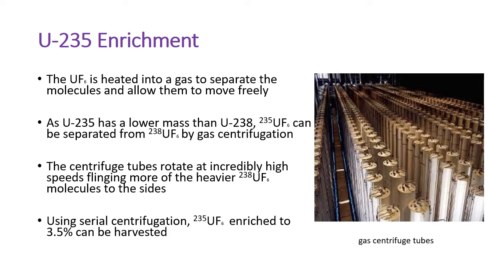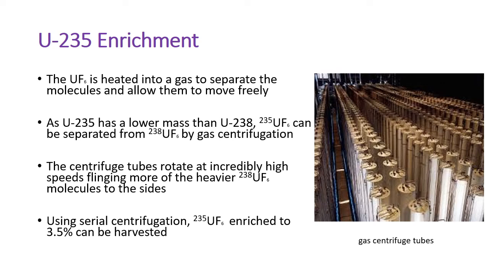However, the difference between U-238 and U-235 is very slight, so we need to use a process called serial centrifugation to enrich the product to 3.5%, which is what we want. What we mean by serial centrifugation is the tubes are loaded up, rotated, so that the uranium hexafluoride with 238 flings to the side, but not all of it.